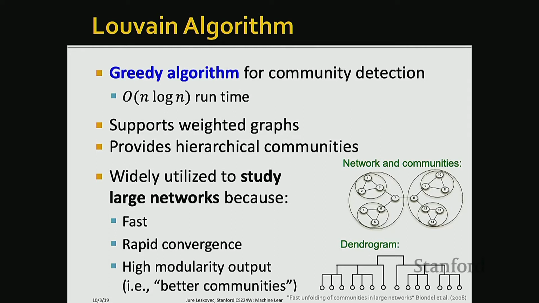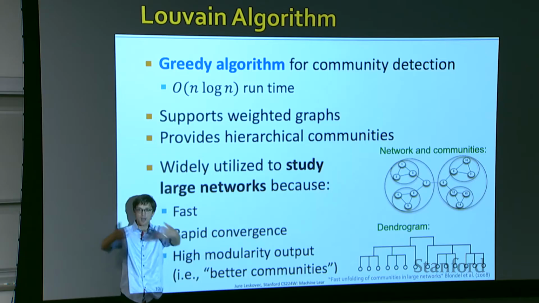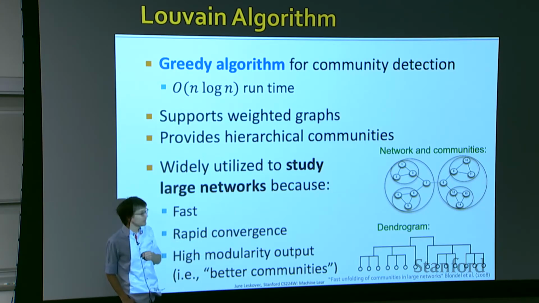Here is a heuristic algorithm that works really well in practice, and it's very fast. Its runtime is of the order n log n, where n is the number of nodes in the network. So it's very fast, like quicksort. Quicksort has the same complexity. The idea is that this will support weighted graphs, and it will provide us with a hierarchical decomposition of the graph into communities.